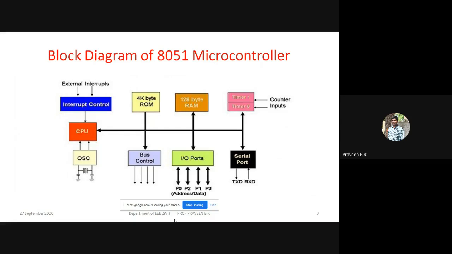All the ports are addressable ports as well as data ports. It consists of two timers, timer 0 and timer 1, and serial ports which have a transmission end and a reception end. It also has an interrupt control which is going to control the external interrupts.